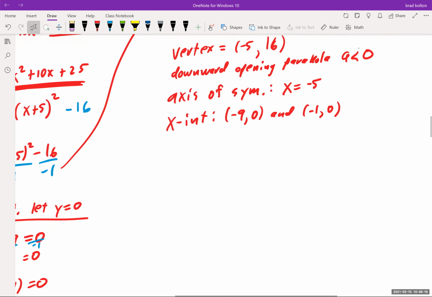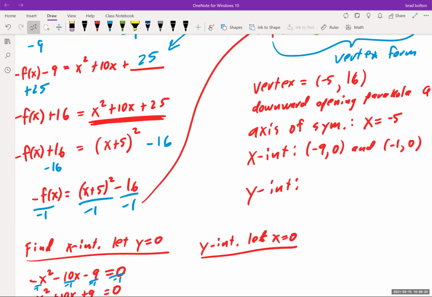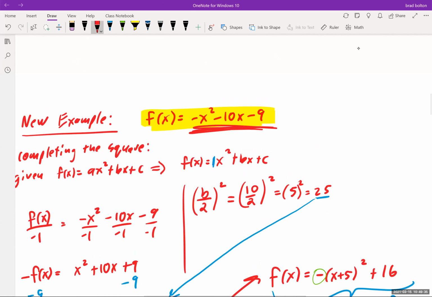Now we come down here and do the same thing, but now we do y-intercepts. Y-intercepts are much easier, because for y-intercepts, let x equal 0. That's really nice, because if we come up here, this would become 0, this would become 0, and we'd just be left with -9.